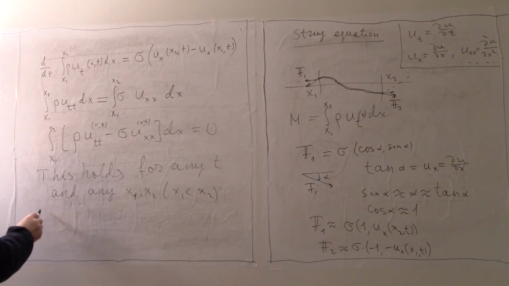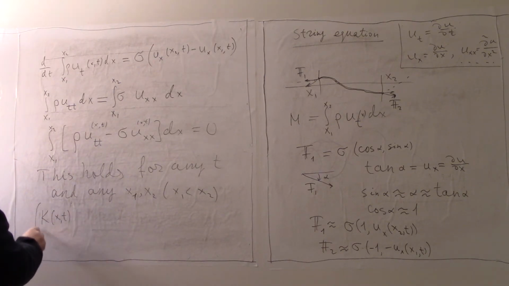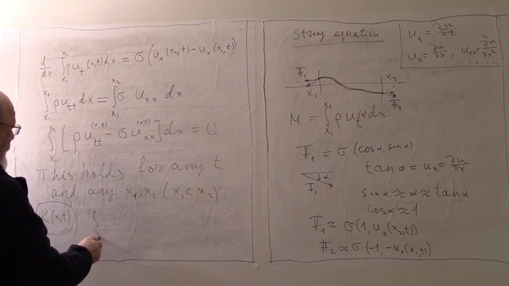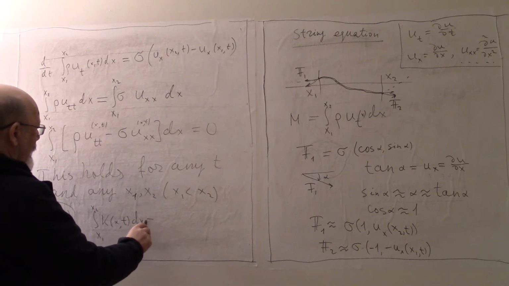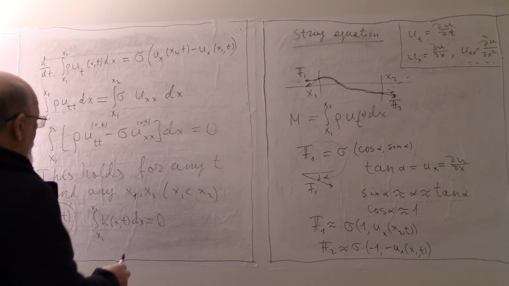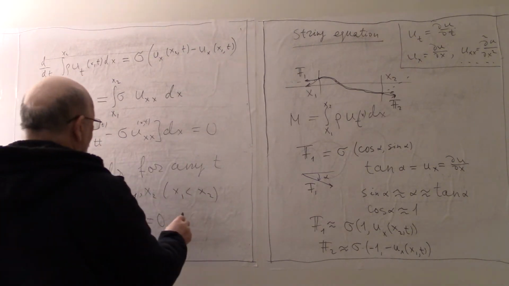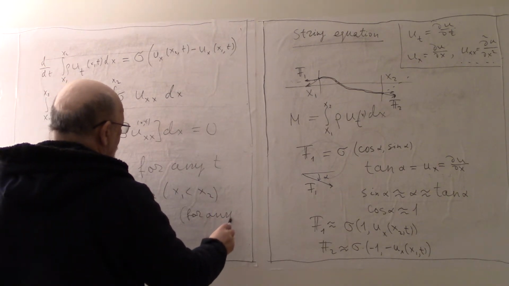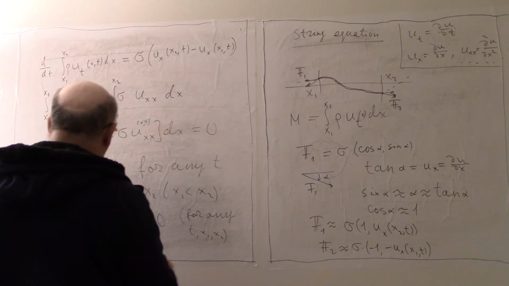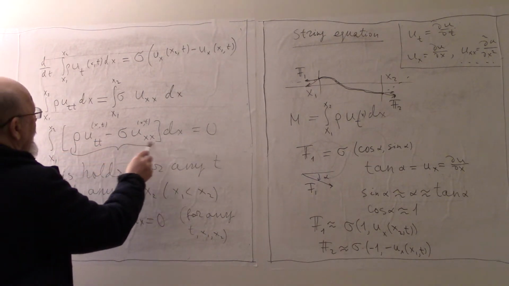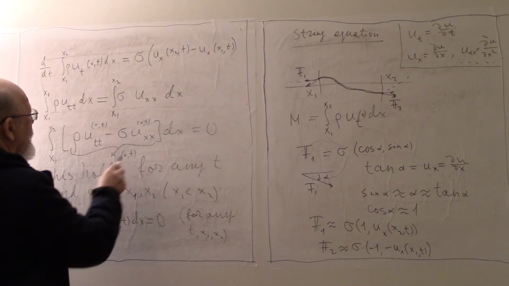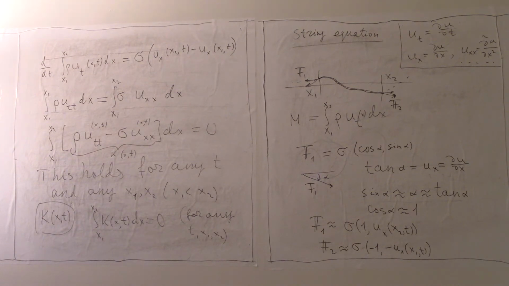We have some function, let's denote it by k(x,t). About this function we know that the integral from x1 to x2 of k(x,t) dx equals 0 for any t, x1, x2.